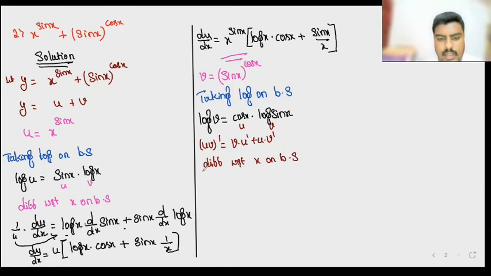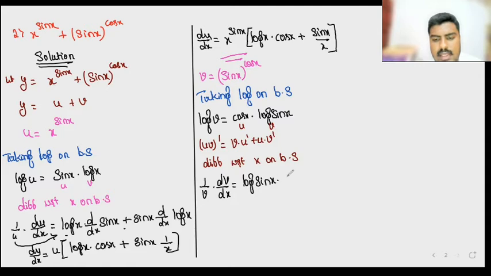Now observe, 1 by v into dv by dx equal to, that means we have log sin x into d by dx cos x, plus cos x into d by dx log sin x.